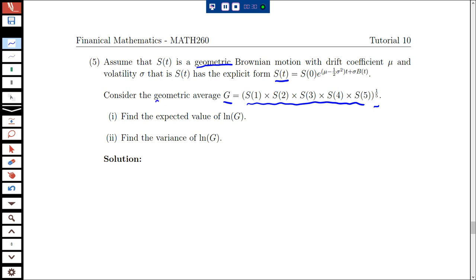This is the geometric average. Find the expected value of log of g. Okay, so let's calculate the log of g. So this is the 1/5 comes down, and the log of a product is the sum of the logs.